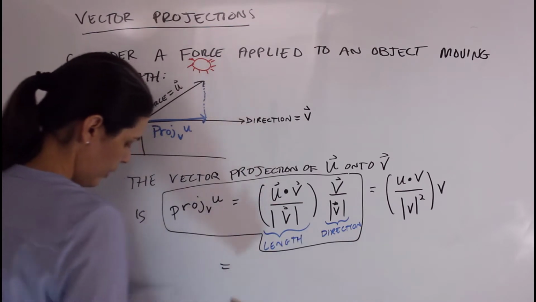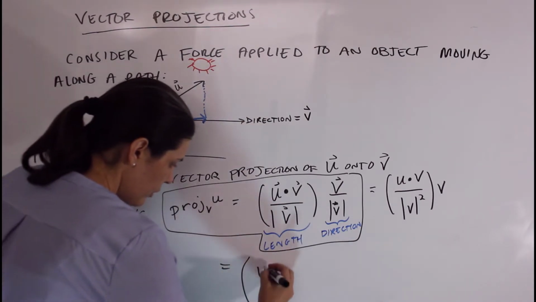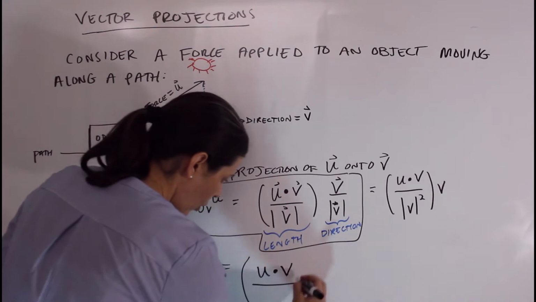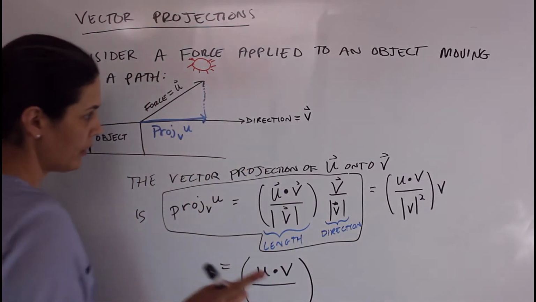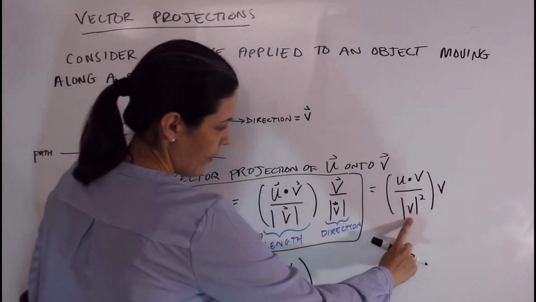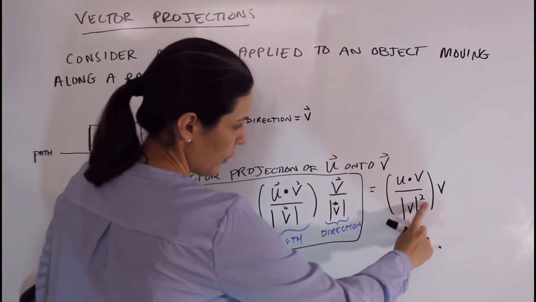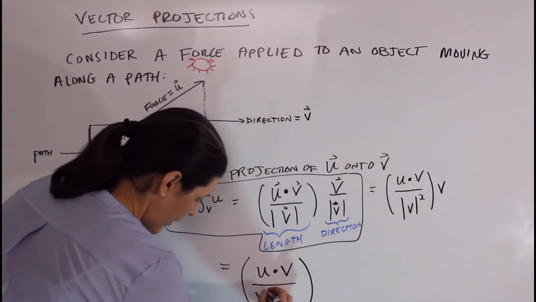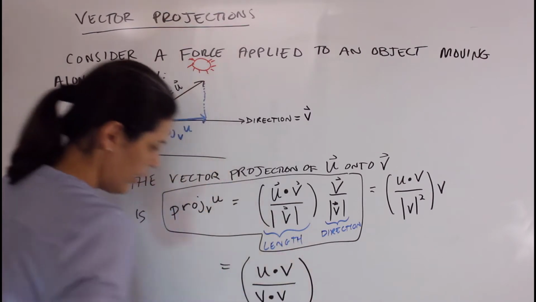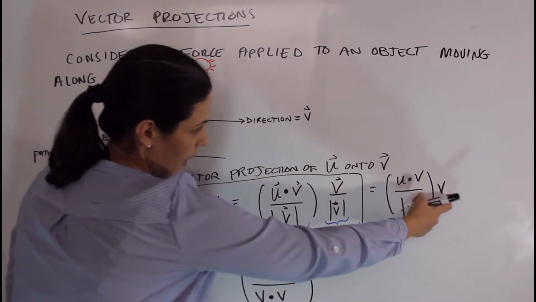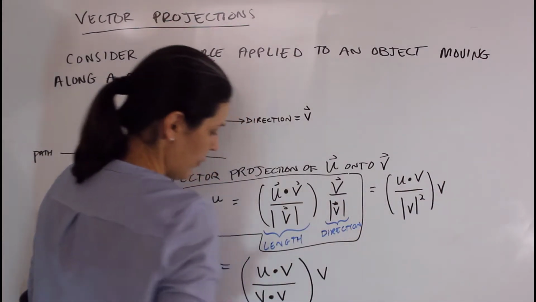Third one, you can say U dot V over, well, we talked about this with dot products, when you have the magnitude of a vector squared, it's actually that vector dotted with itself. So V dot V, and then times this vector V in the back.